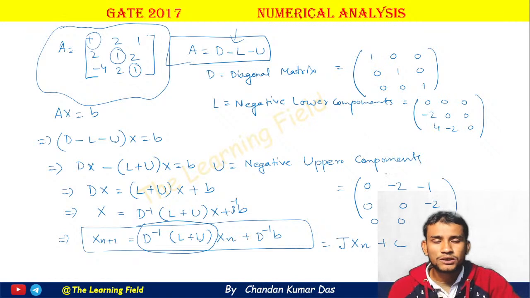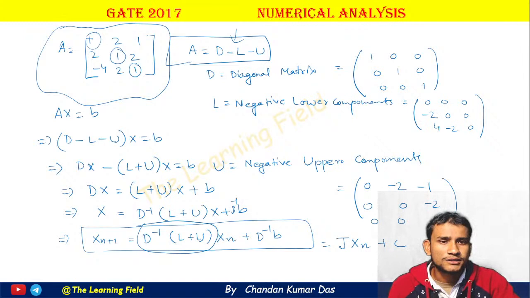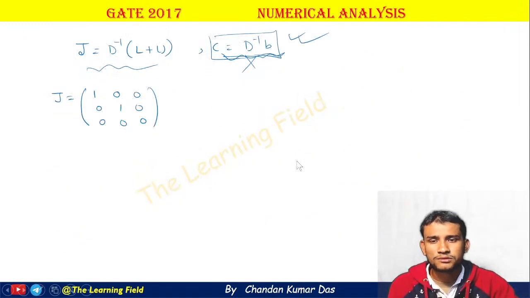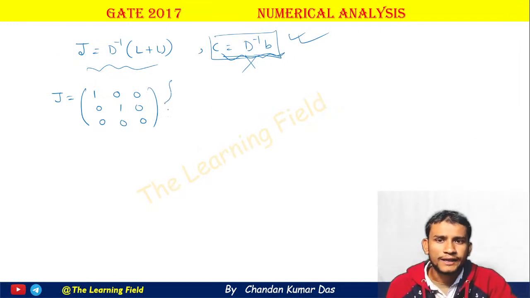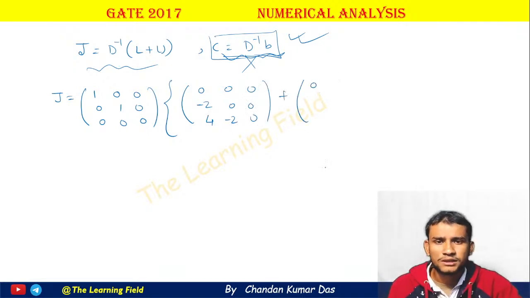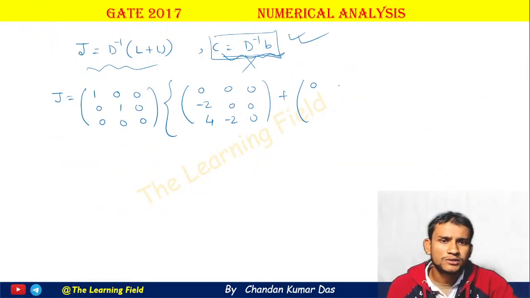Now L equals, we write, minus 2 4 and minus 2. So L is 0 0 0, minus 2 4 minus 2 0 0 0, plus U is 0 minus 2 minus 1, minus 2 0 0 0 0 0.